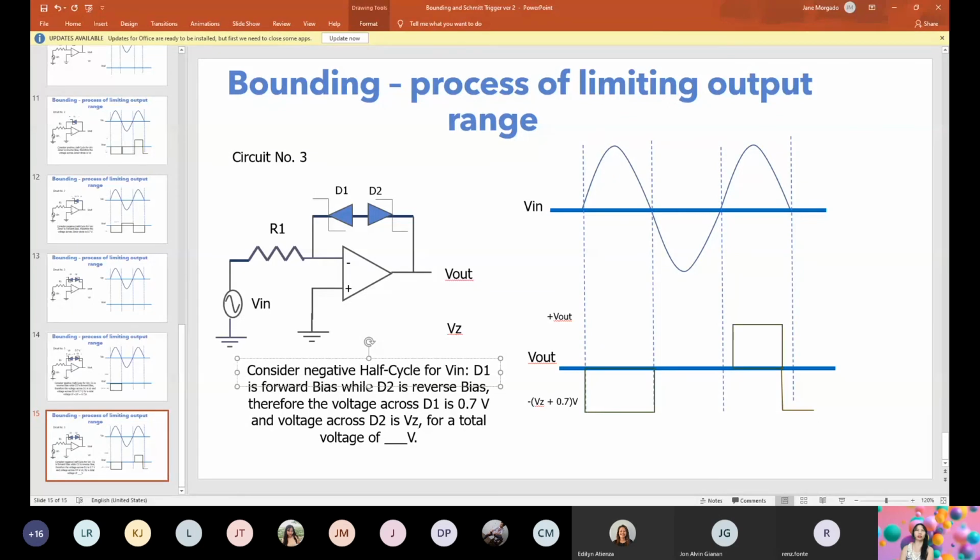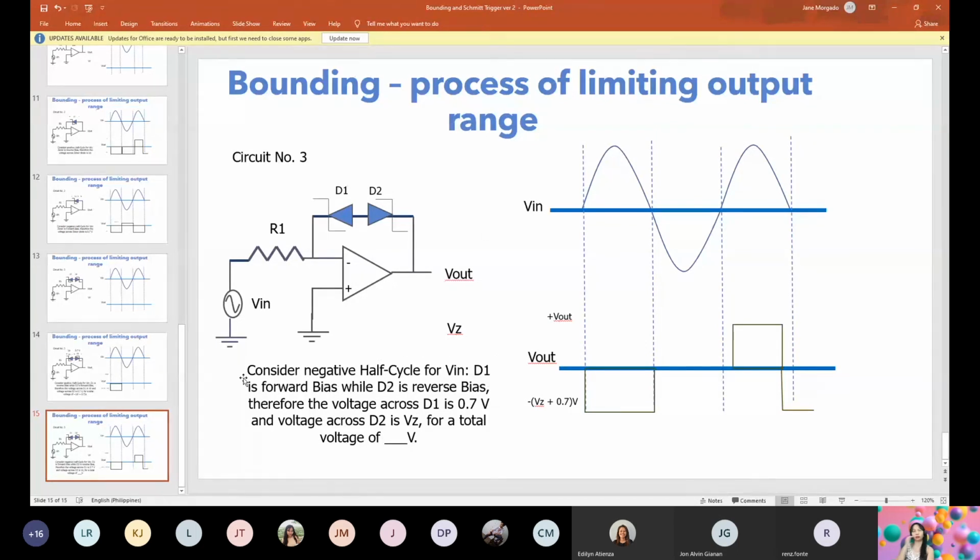Electronics sounds simple, no? Simple lang naman talaga siya. The foundation of electronics is a matter of knowing when it is reverse or forward bias. Yun lang. That's the basic, that's why I'm stressing it to you.